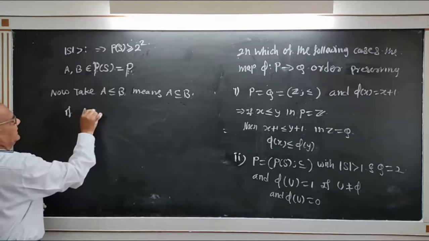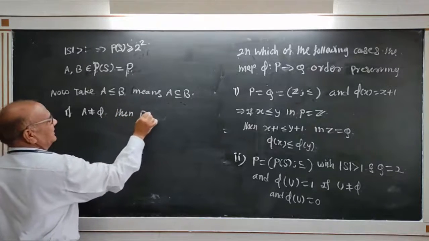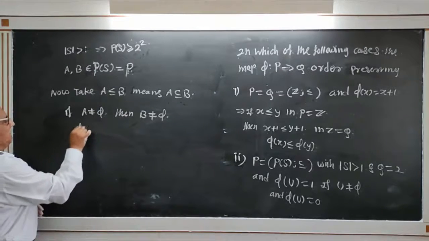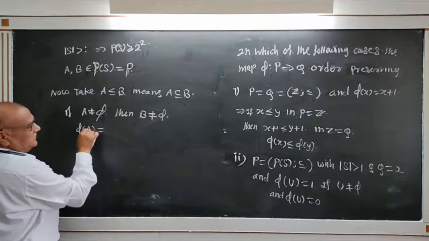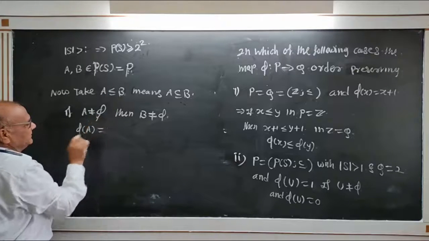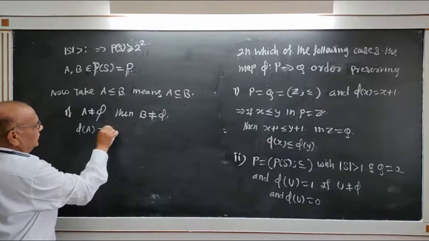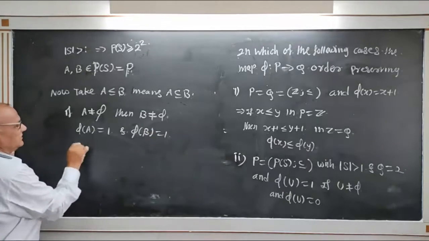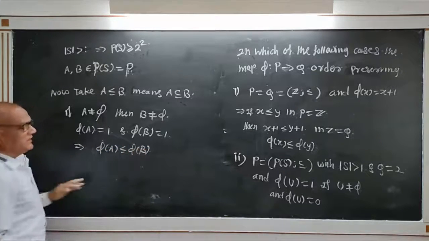If A is not equal to the empty set, then B is not equal to the empty set, because B is a superset of A. Here phi is a map and phi of A is equal to 1 and phi of B is also 1, and this gives phi of A related to phi of B, because 1 is related to 1.